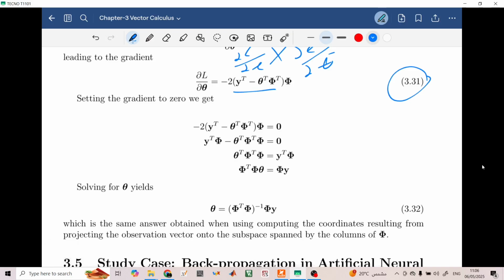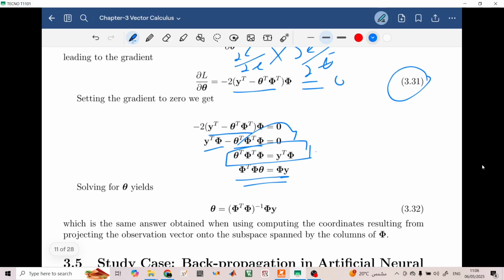Now we need to find theta. Theta is unknown. We set this to 0, right? And now we use some basic matrix algebra. We expand this term, we get those two, then we move that term here. Now we do a small trick: we take the transpose of both sides, and we arrive here.